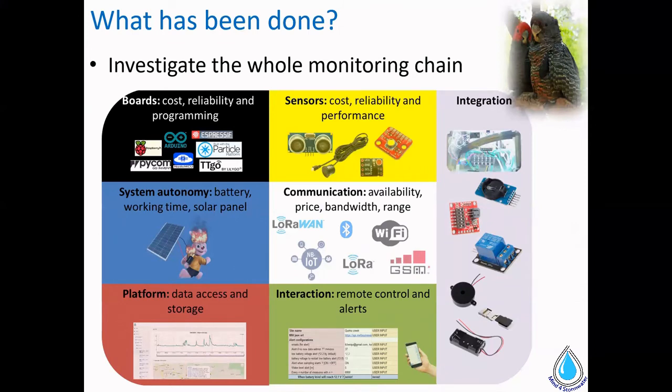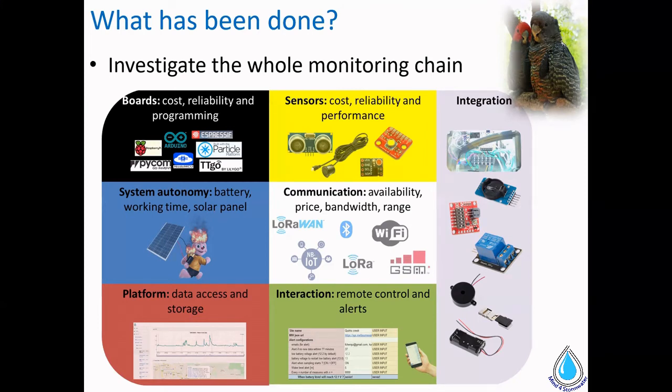We have investigated the possibilities of sensor with cost, reliability, and performance of sensor. We have looked into the integration chain, meaning what component can be put together on the same monitoring system. We have worked also on the system autonomy, battery size, working time, and the use of solar panel.